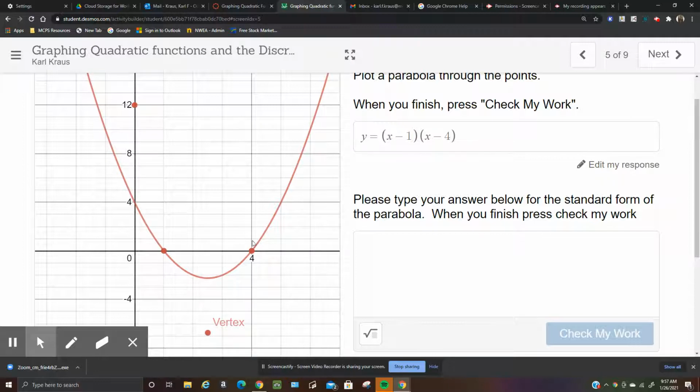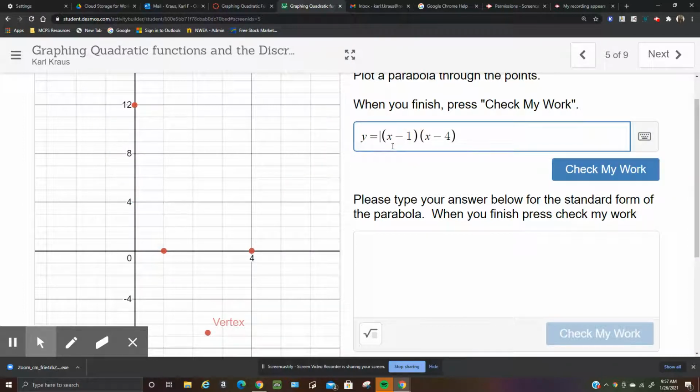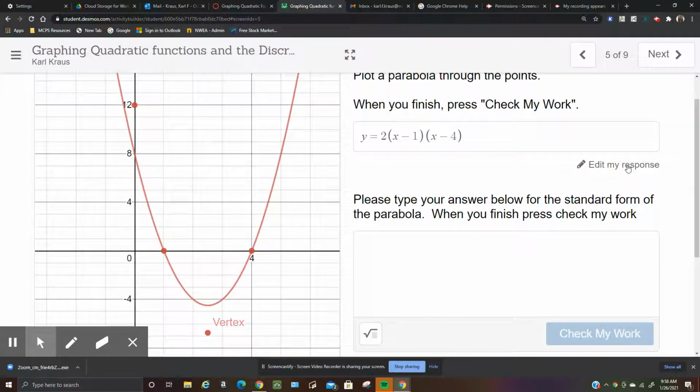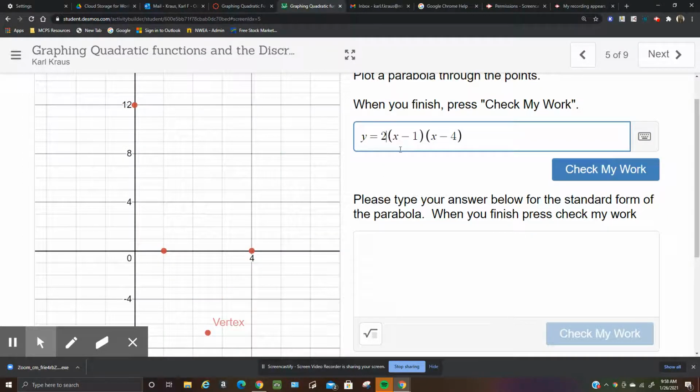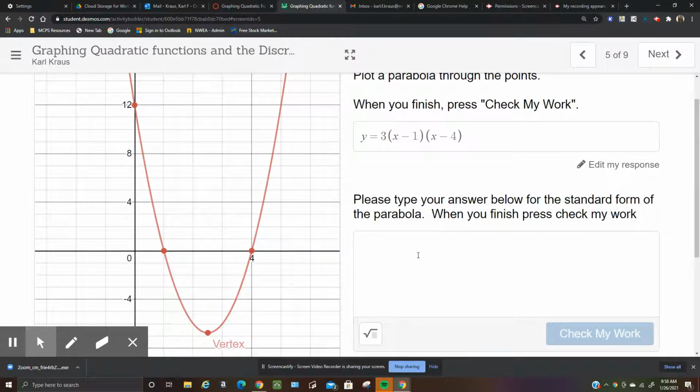That goes through the intercept, but it's too wide, so to make this more narrow, let's try 2. Well, that doesn't go through the vertex. Let's try 3. It goes through the vertex.